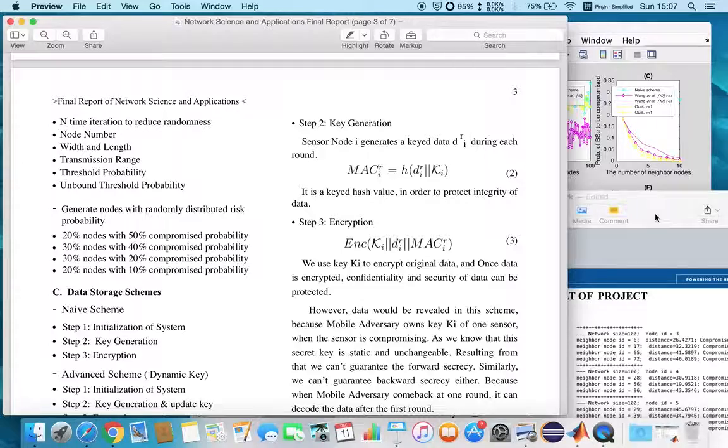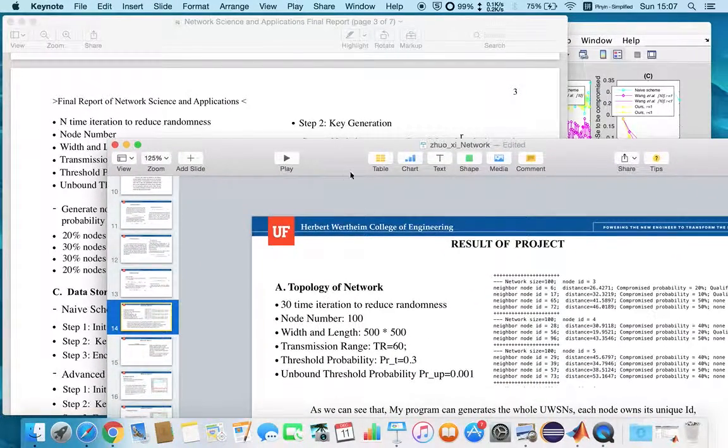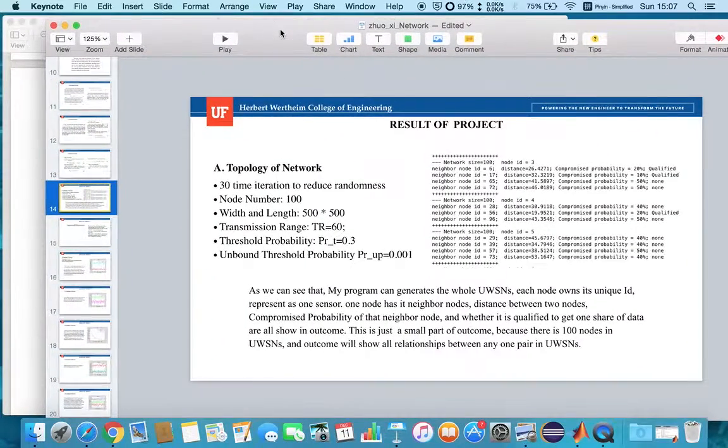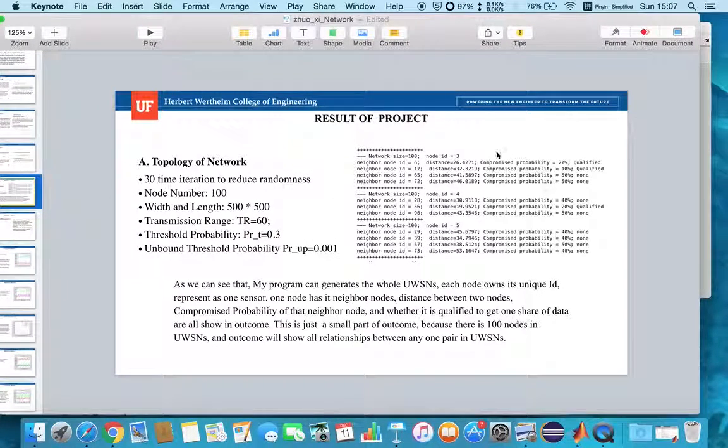The threshold we set must be over 30 percent, so it can show that part of it.